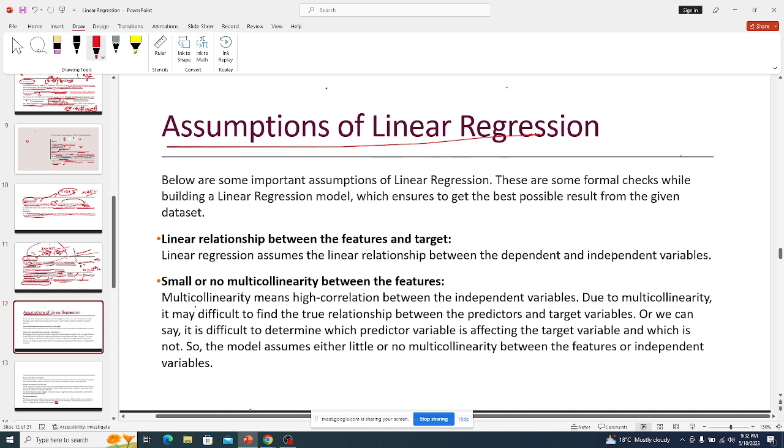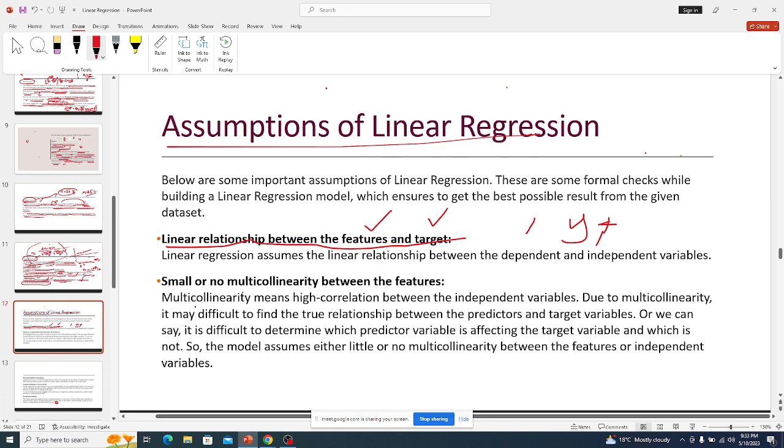Of course, we've already discussed the first assumption. Remember, that is, we must have a linear relationship between our features and target. Between our target, which is y, and features, which is what?